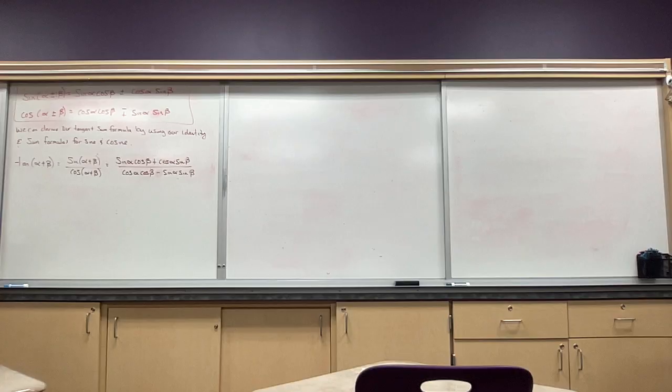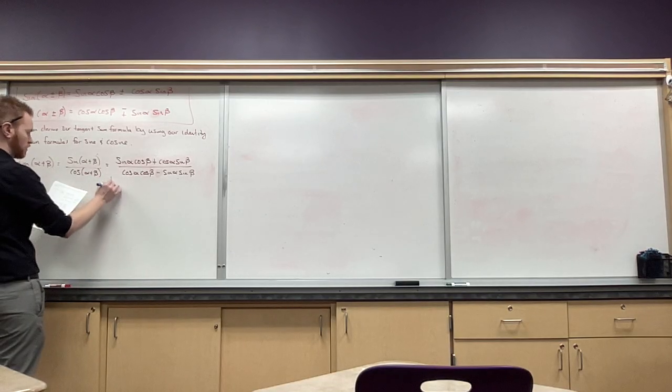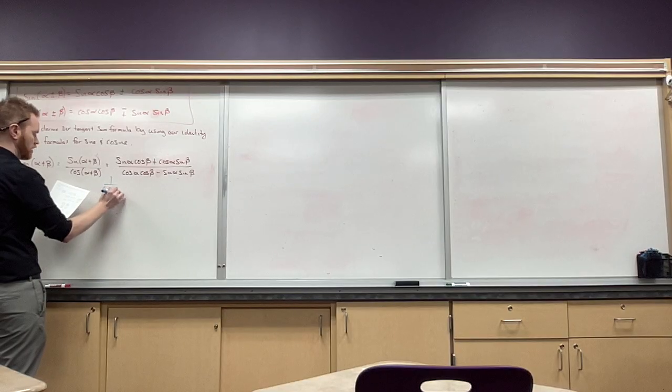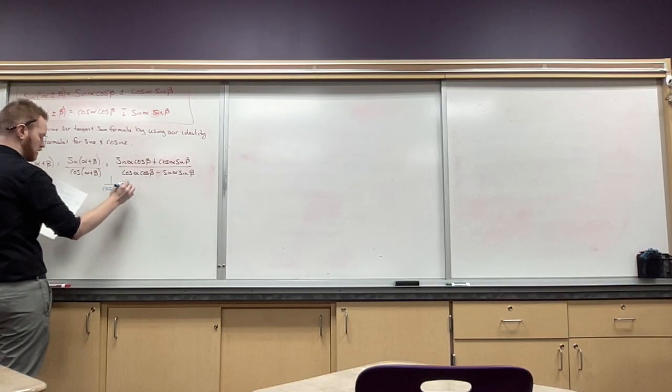So are we clear so far in the process of what we're doing? Here we go, okay. Now, I'm gonna do something a little different here. To simplify this, I'm going to multiply the numerator and denominator by 1 over cosine of alpha, cosine of beta, okay? The reason why I'm doing that is because I want my answer to have tangents in it when I'm done with it. And this is one way I could do that. So let me put this in a different color here. So 1 over cosine of alpha, cosine of beta.